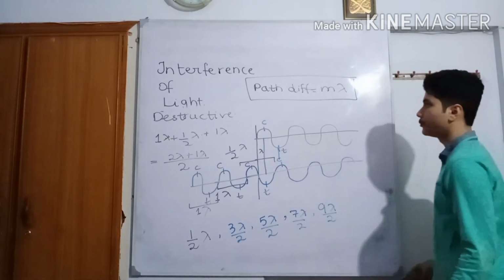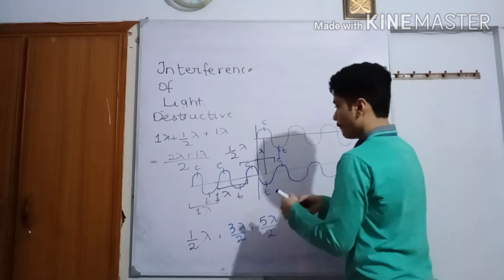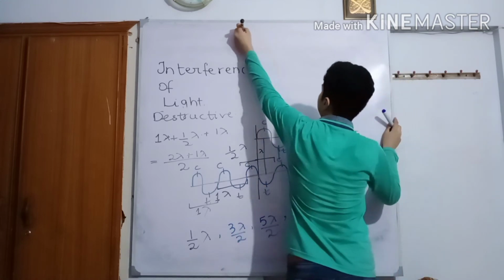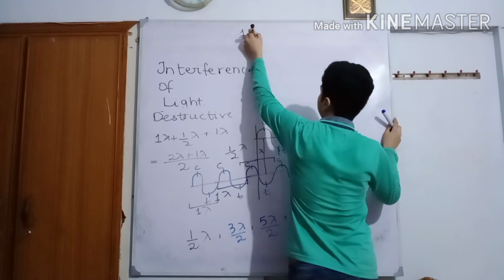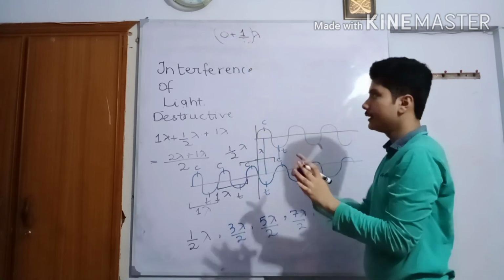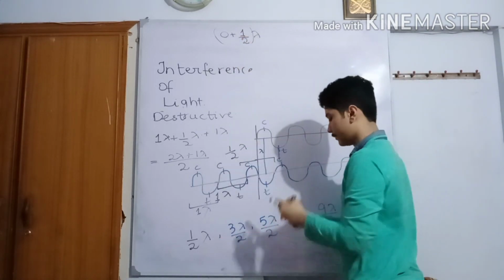Now let's generate an equation for destructive interference. Alright, here we go. If I say 1 upon half into lambda, or I add 0 in it, there will be nothing. I can do it easily. Still I will get the answer half lambda.